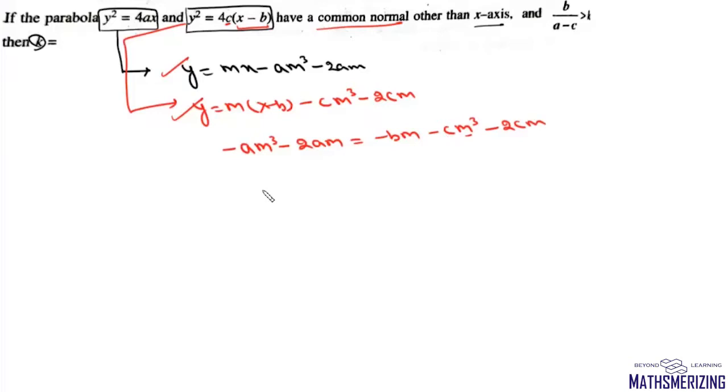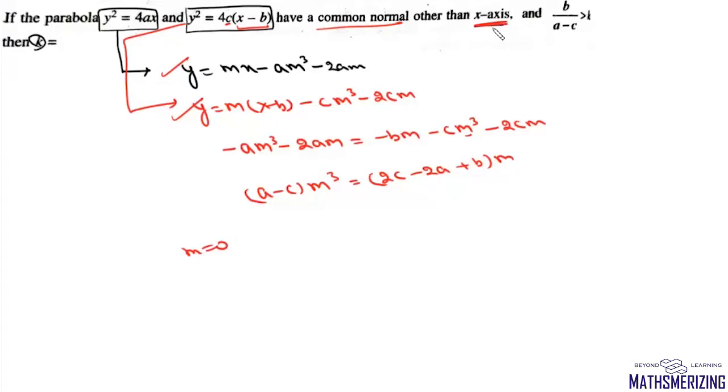So we can write this as (a minus c) m cube is equal to (2c minus 2a plus b) into m. So now here one of the values is m equals 0, but that will be the x-axis.